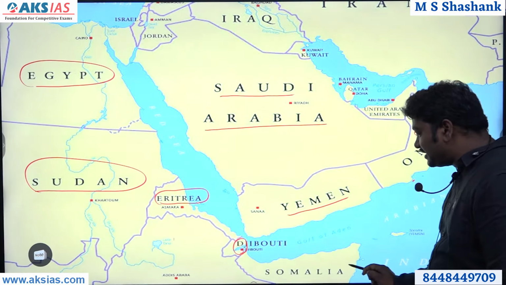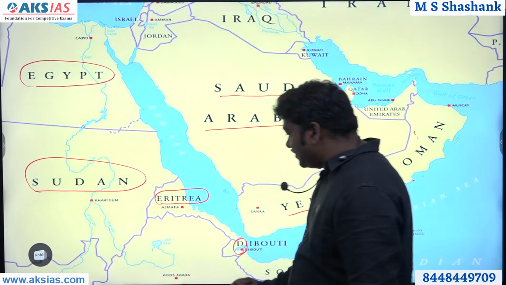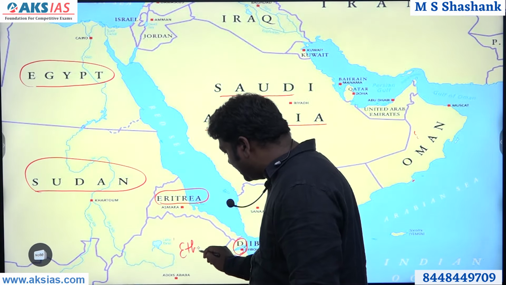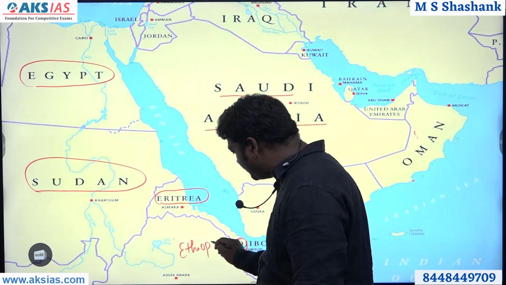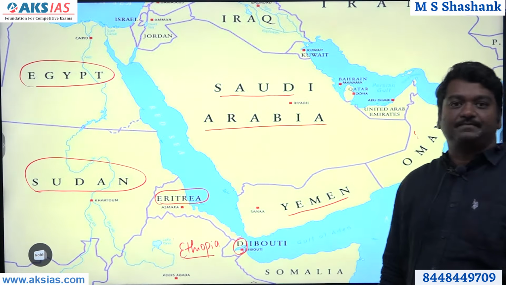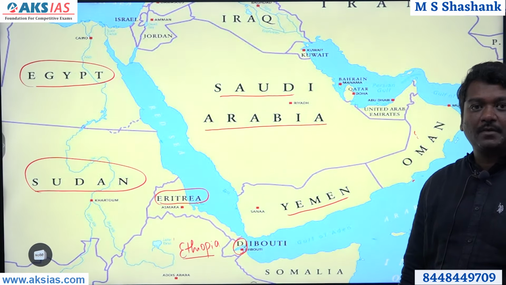So Somalia doesn't have border with Red Sea. Similarly, there is another country, Ethiopia. Many people believe Ethiopia has border with Red Sea. But Ethiopia doesn't have border with Red Sea. This is another important aspect that you must be aware of.